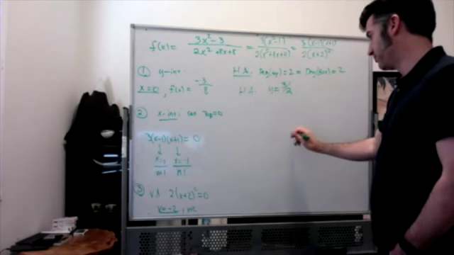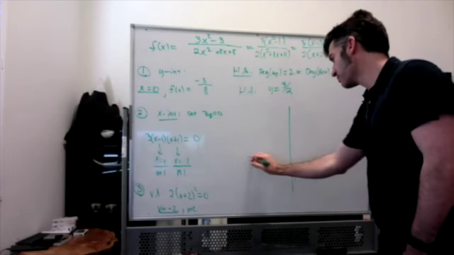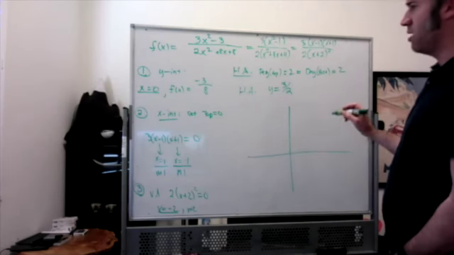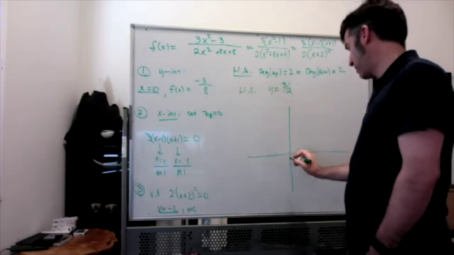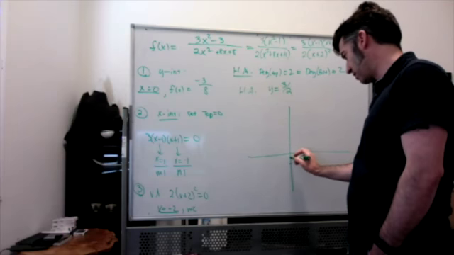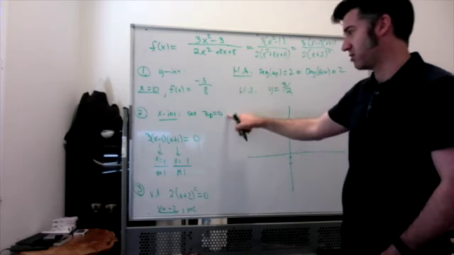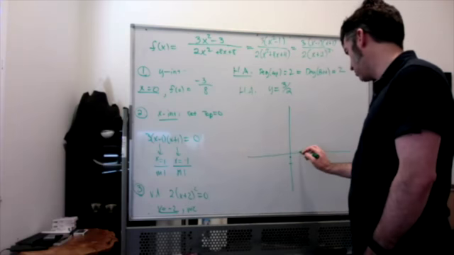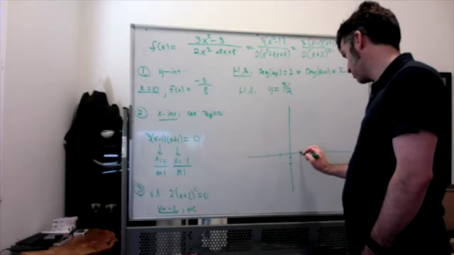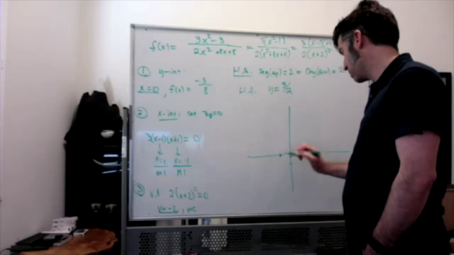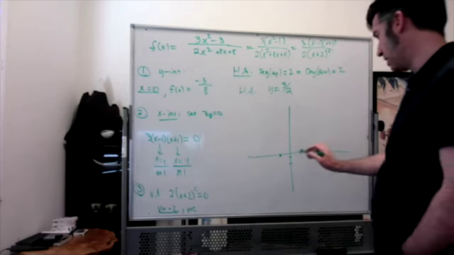Let's graph it. So let's see what I've got here. I've got a y-intercept of negative 3/8, so that's not very negative. I've got x-intercepts of 1 and negative 1. I've got a vertical asymptote of negative 2.